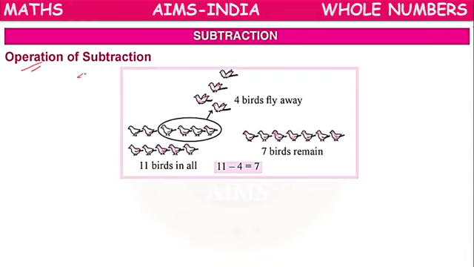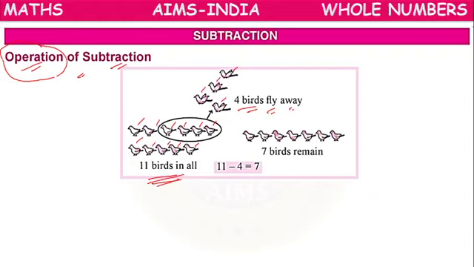Subtraction is a mathematical operation. Suppose we have 11 birds in all: 1, 2, 3, 4, 5, 6, 7, 8, 9, 10, 11. Out of that 11 birds, 4 birds fly away: 1, 2, 3, 4.